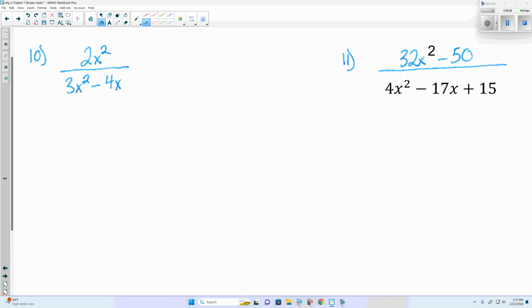Number 10, 2x squared over 3x squared minus 4x. Whenever we're simplifying, we need to factor everything on top and bottom as far as it'll possibly factor, and then simplify from there. So if we look at the numerator, 2x squared, how will it factor? It wouldn't be a difference of perfect squares.